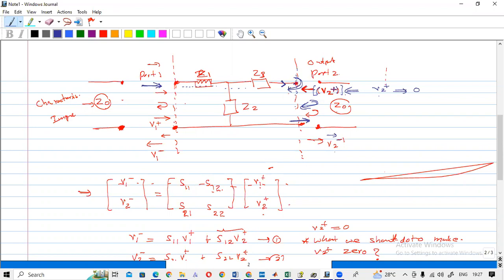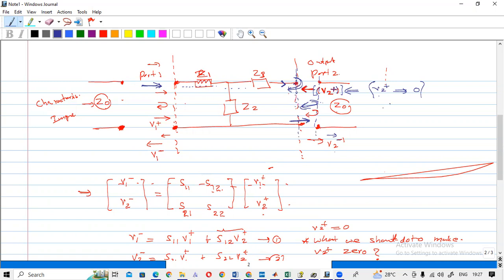Then what should you do? To make the reflected 0, you have to match this properly. So this input impedance should be equal to the output impedance. At that time you can match it. So that is how you match it.